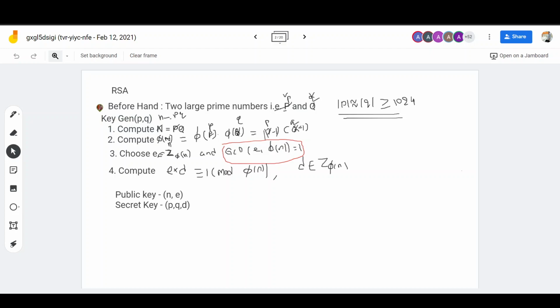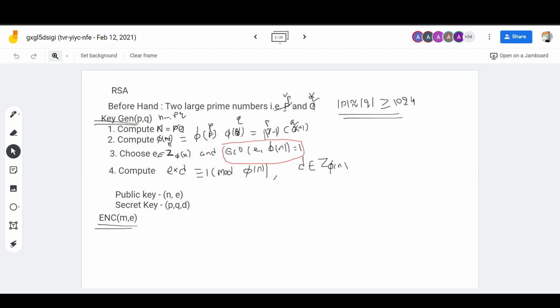Next, another algorithm is the encryption algorithm. The encryption algorithm requires M and the key, nothing else. This is the second algorithm.